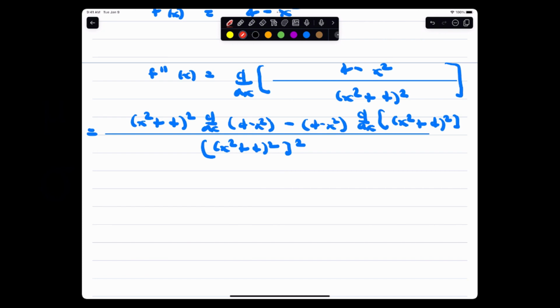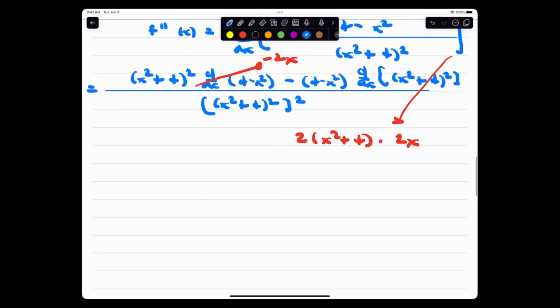Okay, so let's double check here. Let's get some derivatives here, right? So this is going to be negative 2x. Is that right? This one, though, is 2 times x squared plus 4. Don't forget by chain rule, that's 2x. Is that right? Okay, so don't forget chain rule here. So I'm going to write all of this down here.